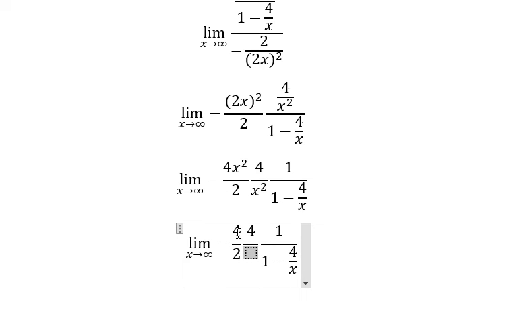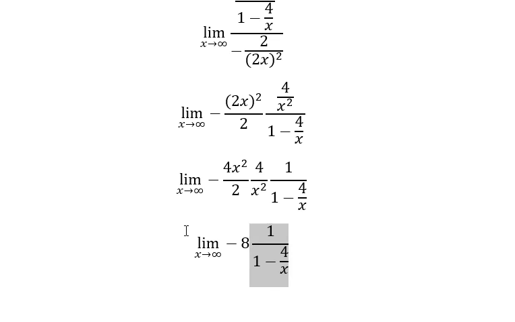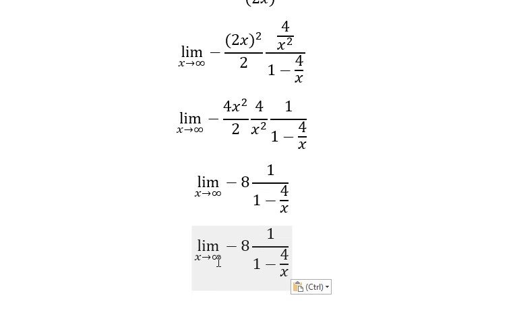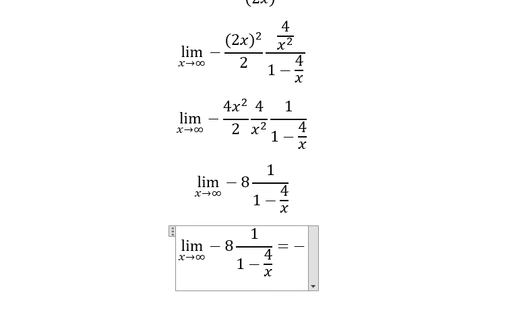Later that we multiply by 4. We have negative 8. Now, when s go to positive infinity, this one we have number 0. So negative number 8 divided by number 1, we have negative 8.